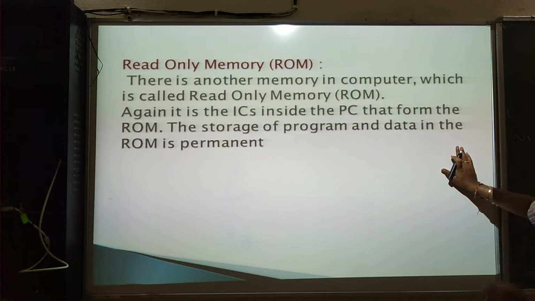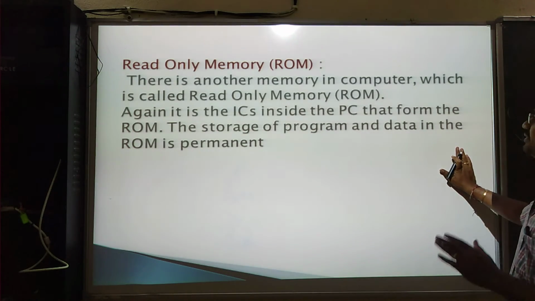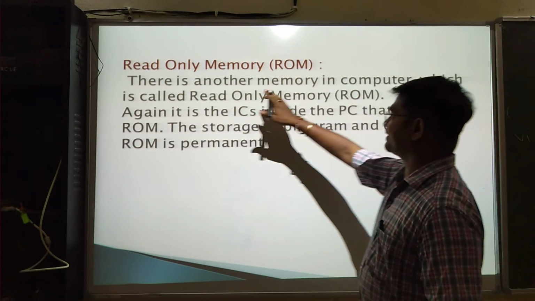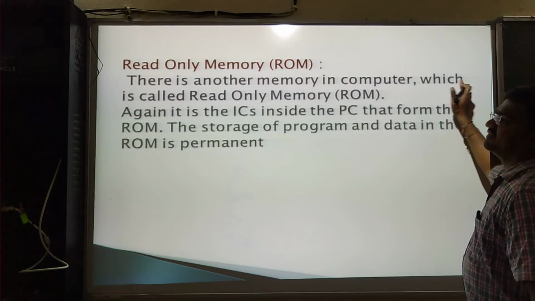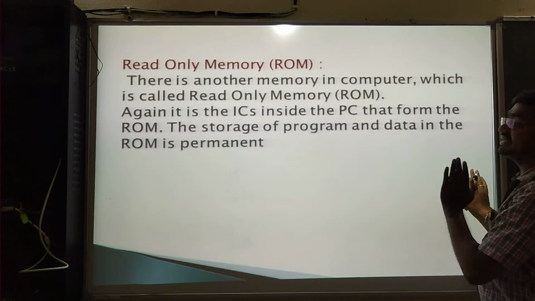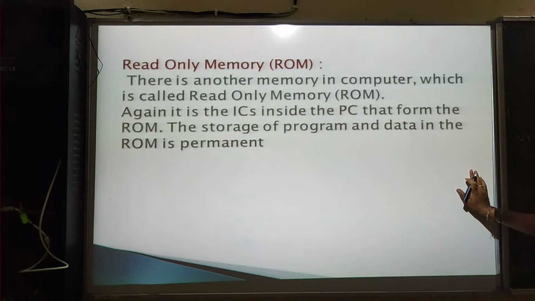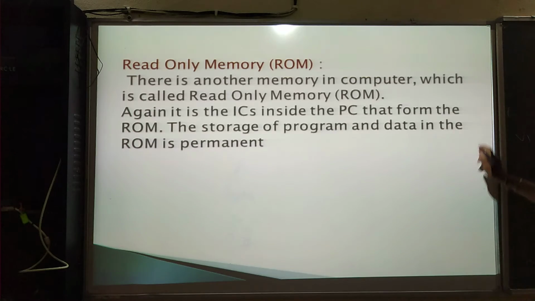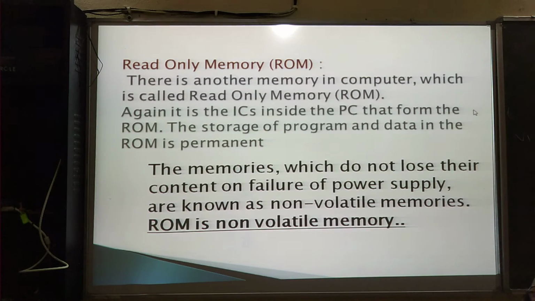So what is the main aim of ROM? The ROM stores memory permanently. Memories which do not lose their content on failure of power supply are known as non-volatile memory.